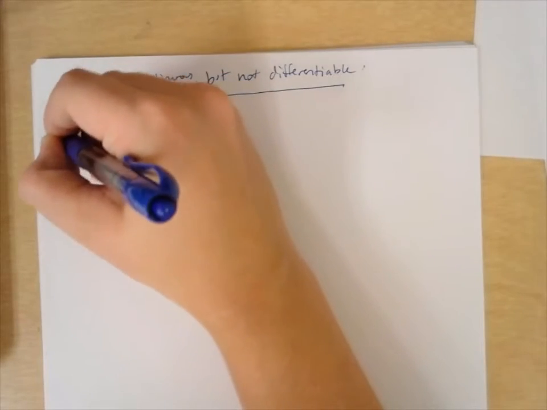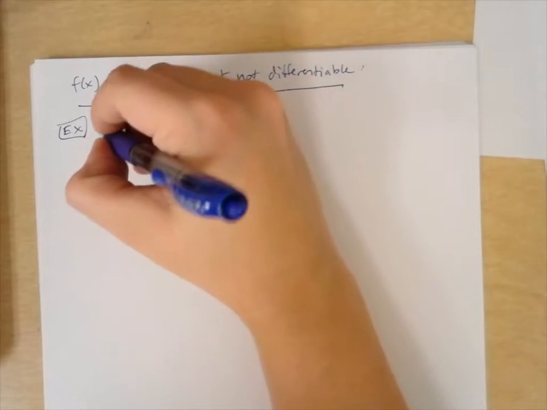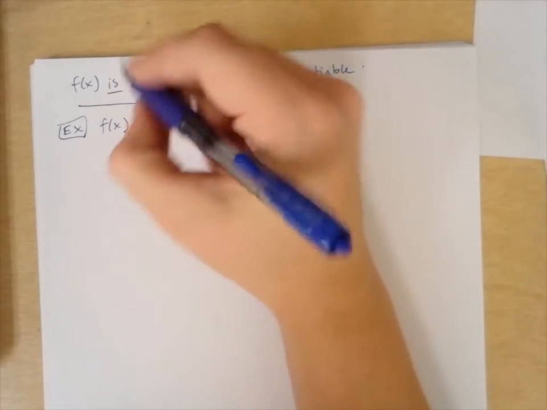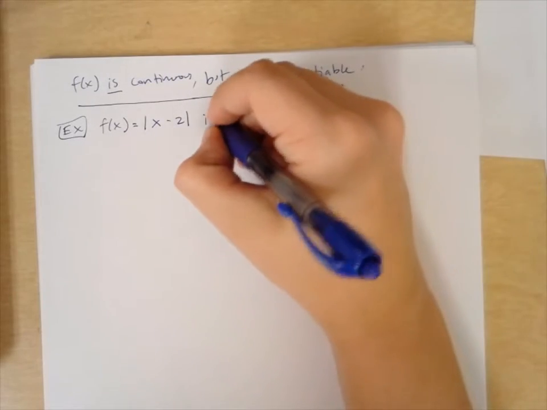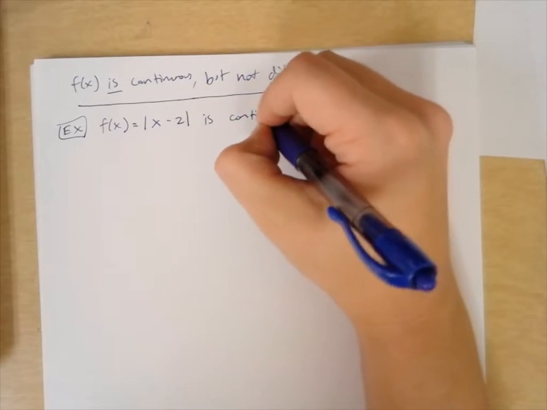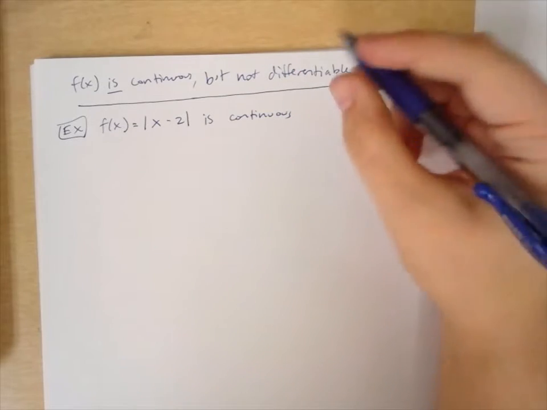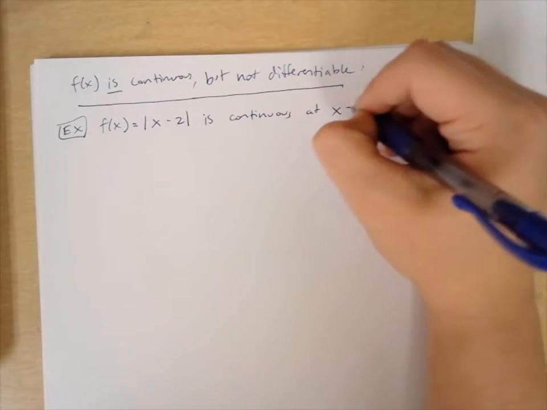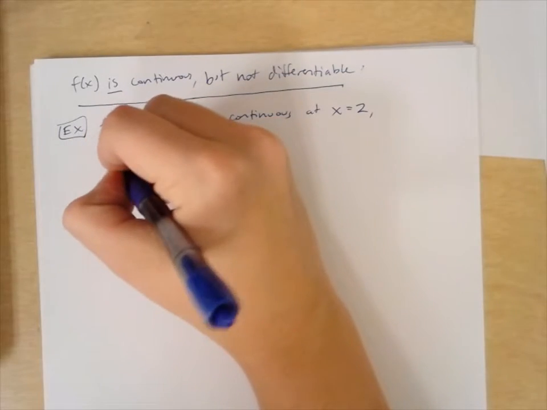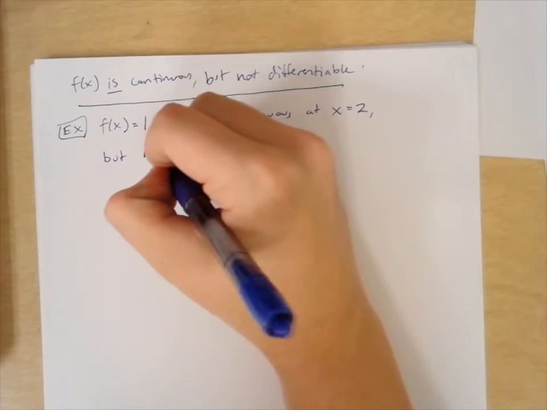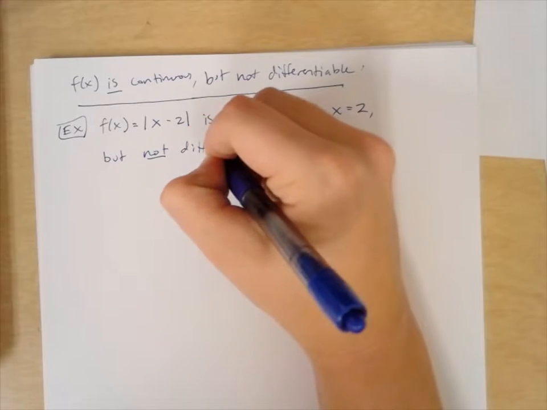If we had the following example, f of x equals absolute value x minus 2, it is continuous at x equals 2, but it is not differentiable.